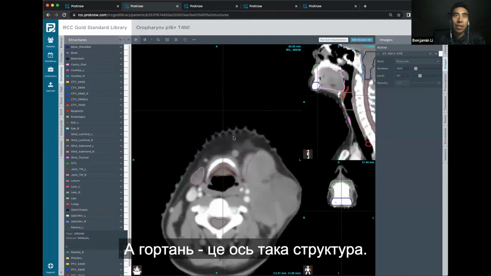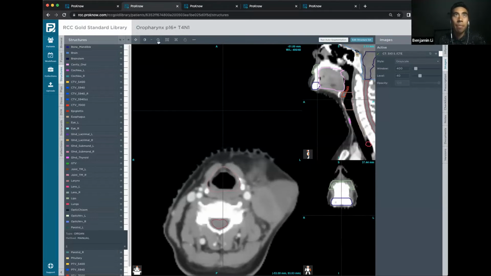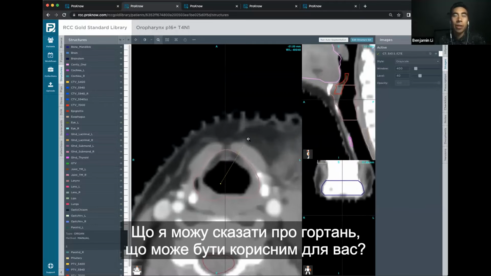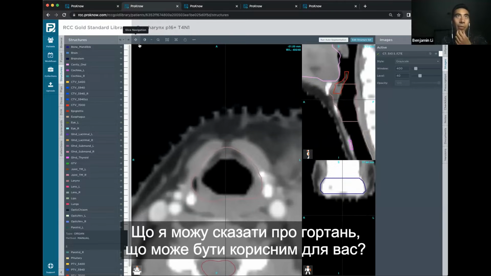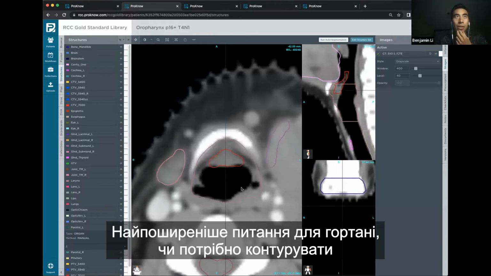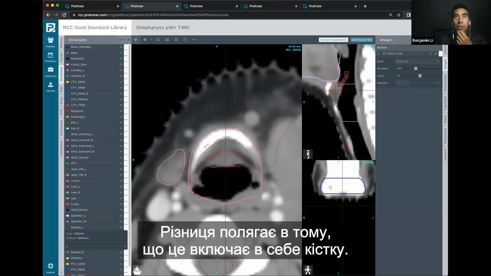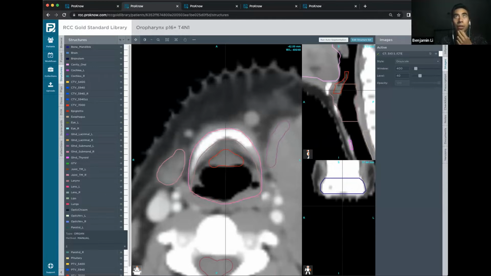And the larynx is this structure here. What can I say about the larynx that could be helpful for you? A common question is, for the larynx, do I contour the whole thing like this? So the difference here is that this is including the bone.